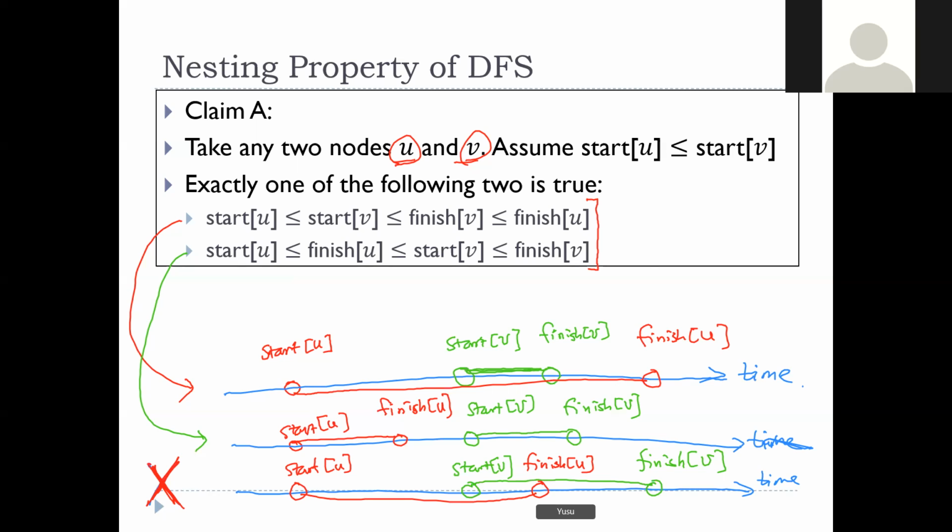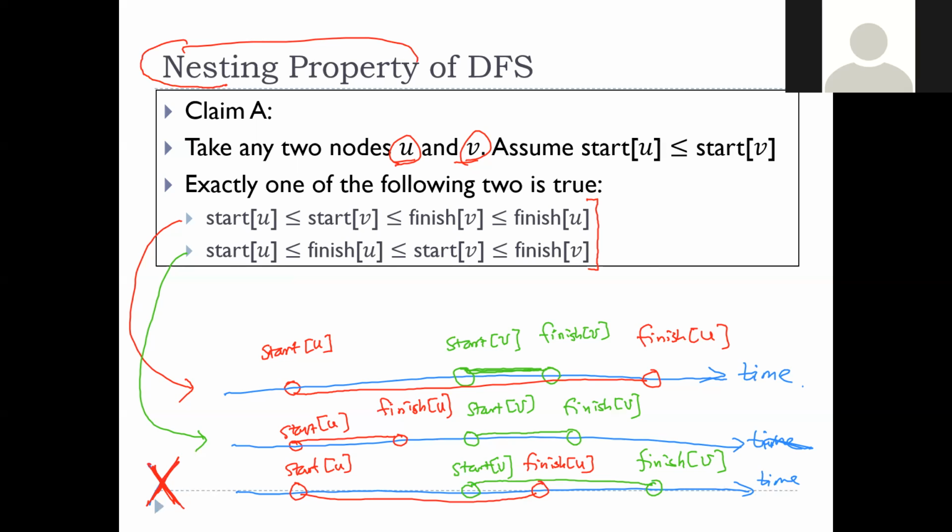have the containment relation. This is why this result is sometimes called a nesting property. If you look at the start and finishing time of each node, the time you discovered it and the time you finish exploring it, that time range and the time range of any other node are either completely disjoint or have a containment relation.